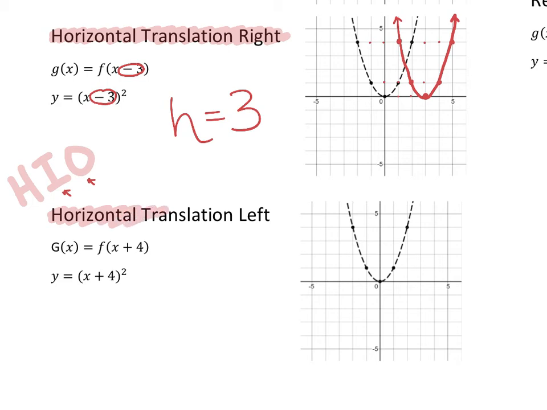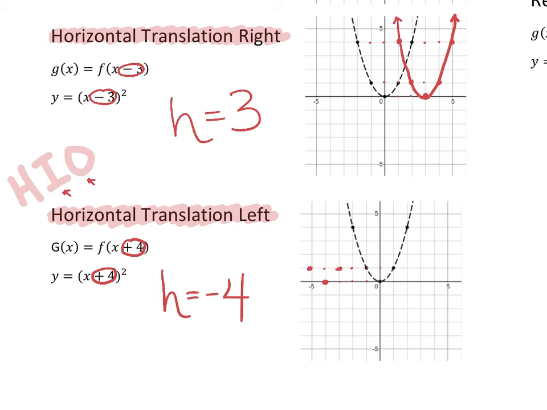Horizontally translating things to the left. Left is normally negative, but since it's horizontal, it's going to be inside and the opposite. So inside here you see +4. We know that h is the opposite. This h would be -4, which means I'm moving things towards -4 to the left. 1, 2, 3, 4. 1, 2, 3, 4.